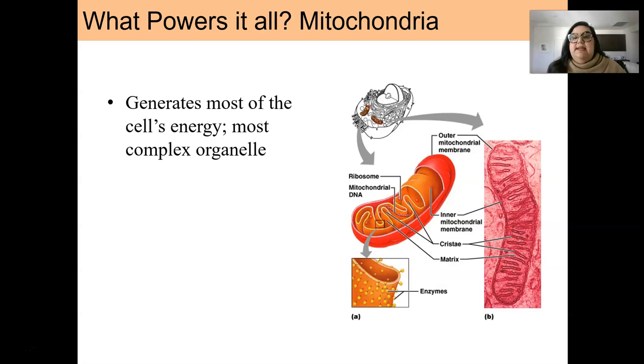This is a picture of the mitochondria. It's its own membrane-bound organelle, and it has its own function. It does its own thing, and it's going to have its own separate little lecture on our next slide.